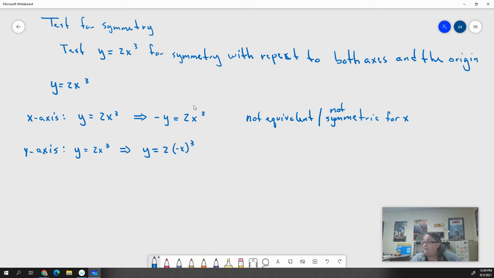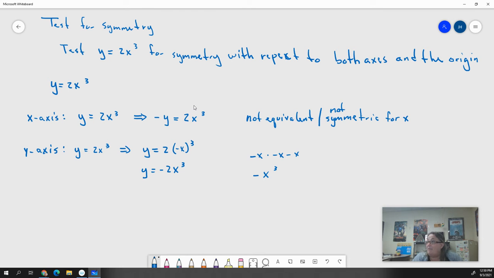Right? If I had negative x times negative x times negative x, I would have negative x cubed at the end. So I would be able to say that y equals minus 2x cubed, right?